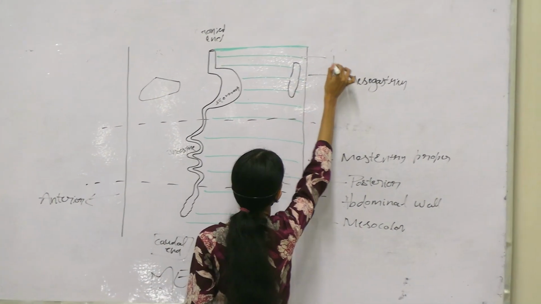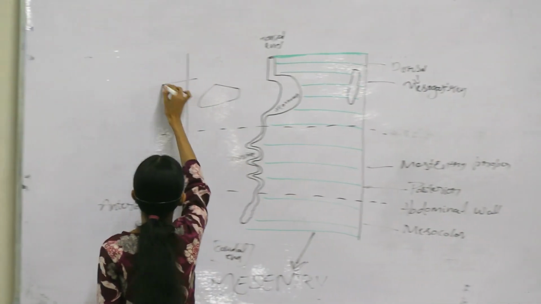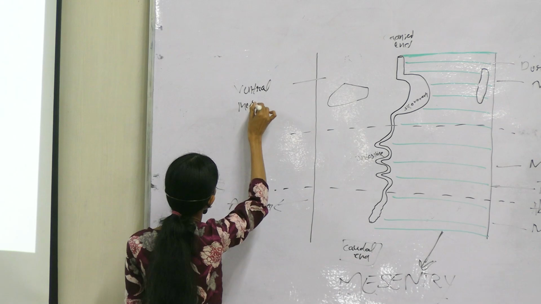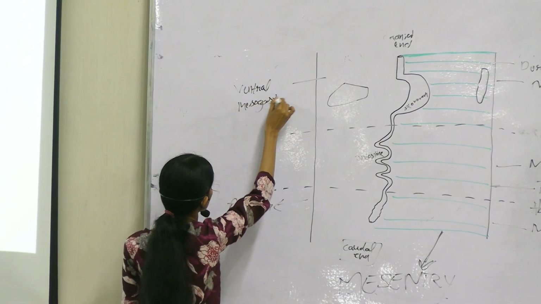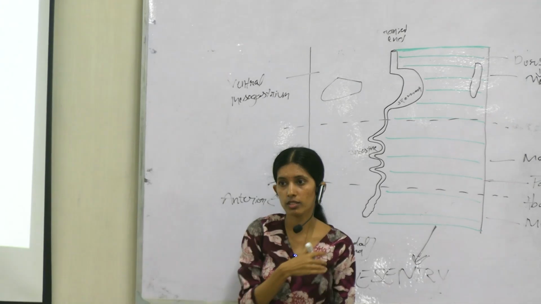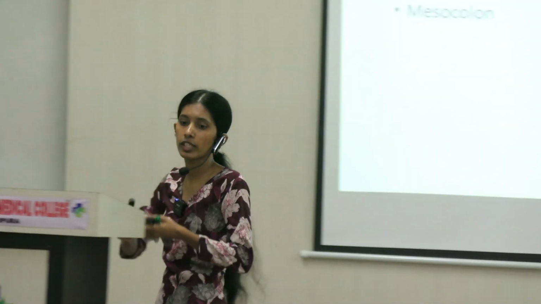This part is dorsal mesogastrium and this is ventral mesogastrium. Okay. So this mesogastrium, mesentery proper and mesocolon will give derivatives, that means it gives rise to different parts in our body.